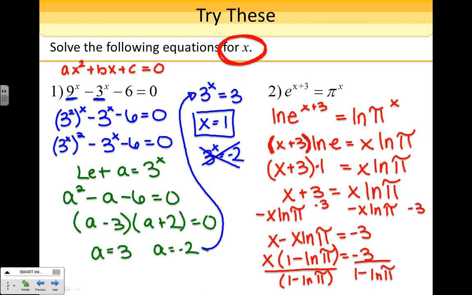So x is equal to negative 3 divided by 1 minus the natural log of pi, which is about 20.728. Remember, with your exact decimal, store that for x, plug it into the very original equation to see if you got the right answer.